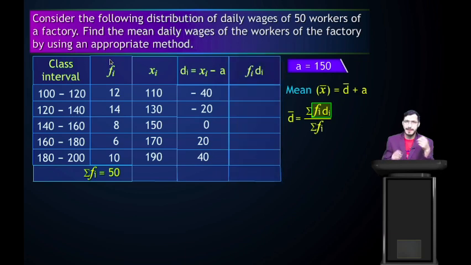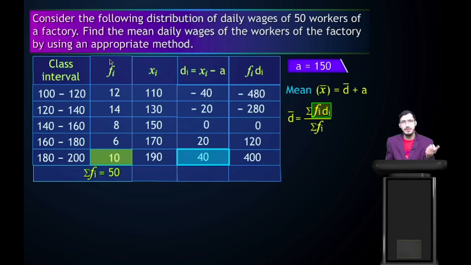Then fd means multiplication of f and d. So 12 into minus 40, 12 fours are 48, so minus 480. 7 into minus 40, 14 twos are 28, so minus 280. 8 into 0 is 0, and 6 into 20 is 120, and 10 into 40 is 400.